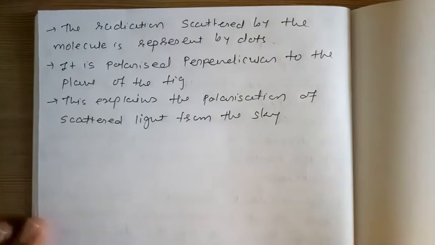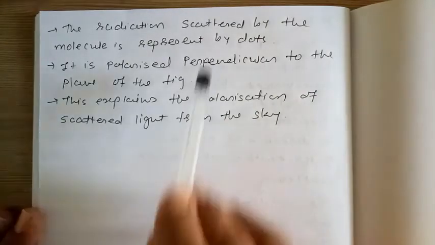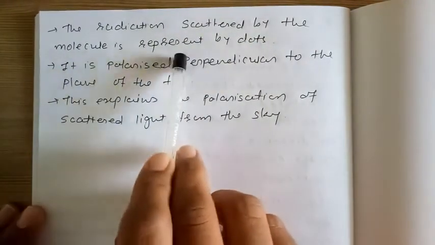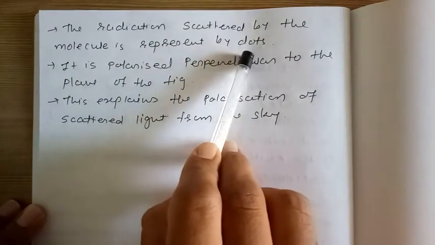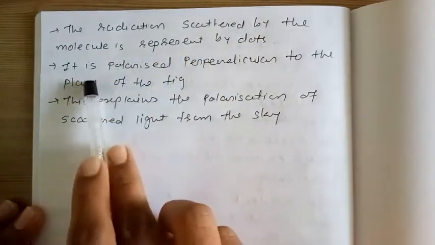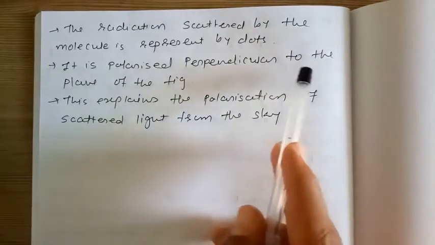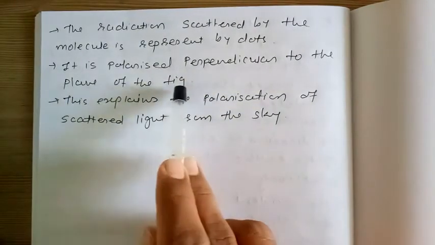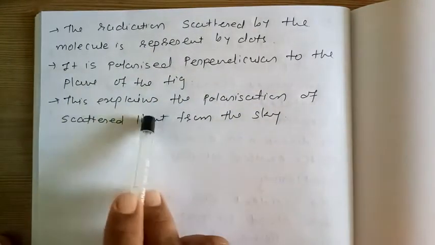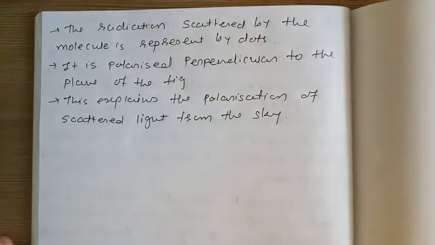Now, the radiation scattered by the molecules is represented by the dots, and it is polarized perpendicular to the plane of the figure. So this explains the polarization of the scattered light.